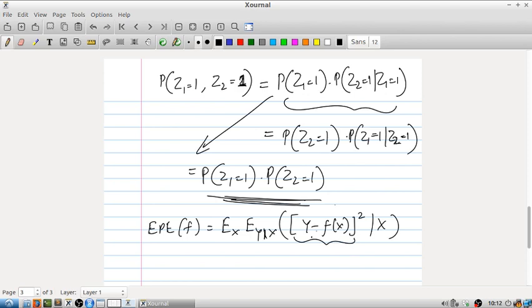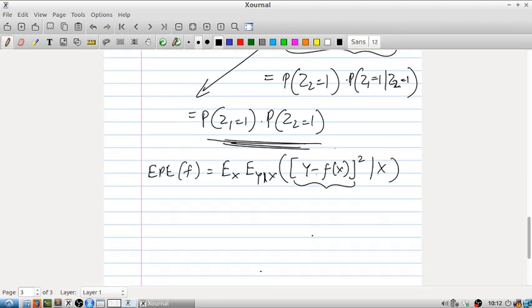So why do I care about this trick? It is to tell you that we want to know the best f, right? What is f doing? For every realization of the input variable, it's giving me a value for the output variable, right? So f is, for every x, going to give me some y.